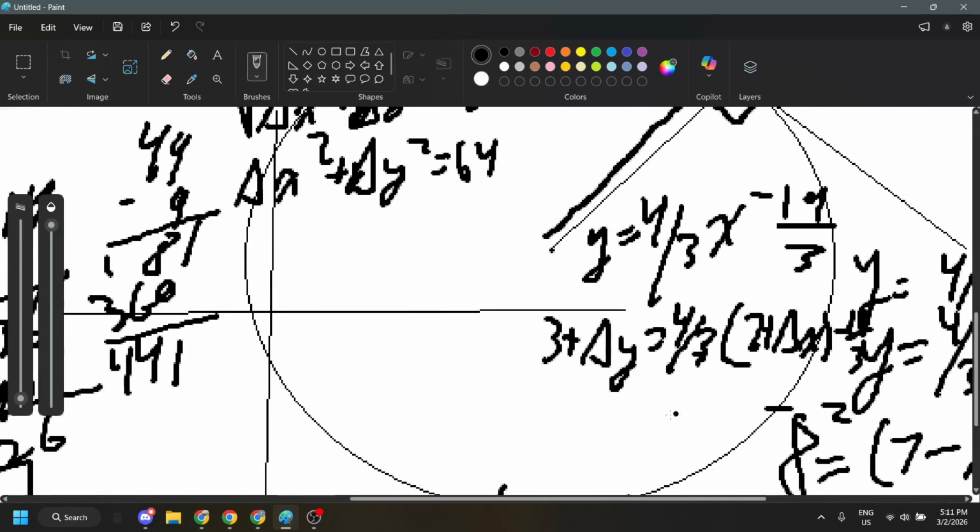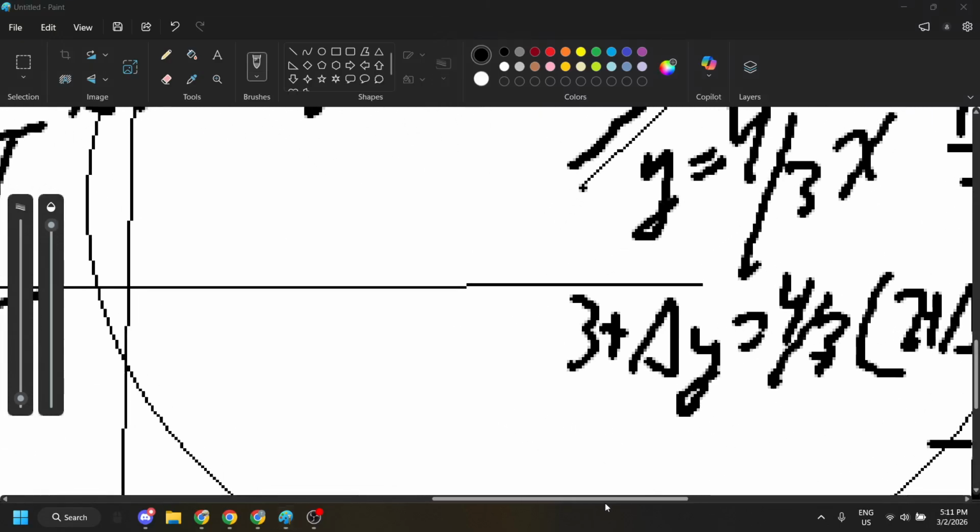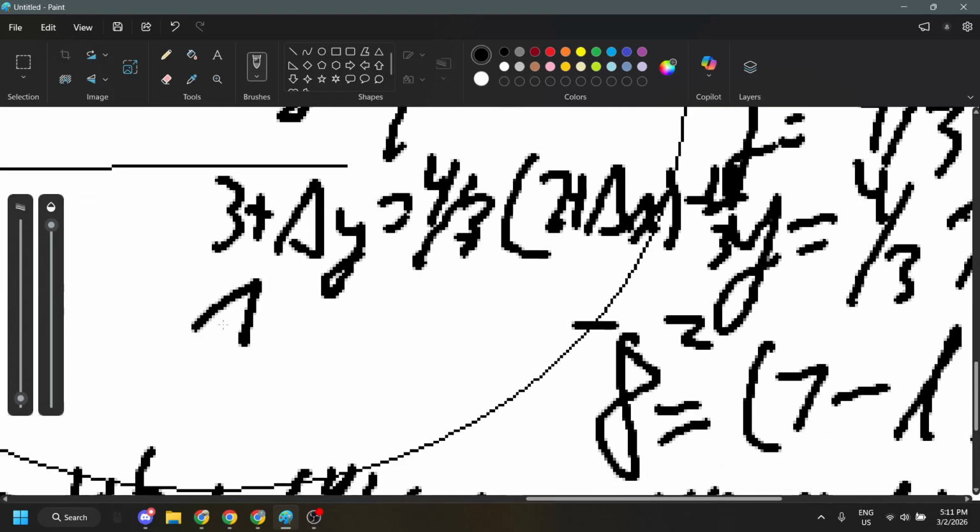Okay, if we simplify this, we get delta y is equal to 4/3 delta x.